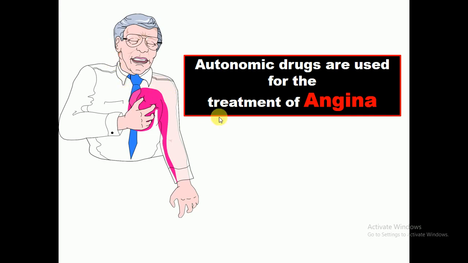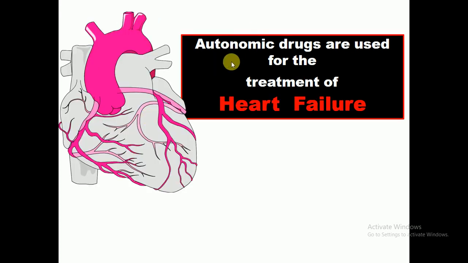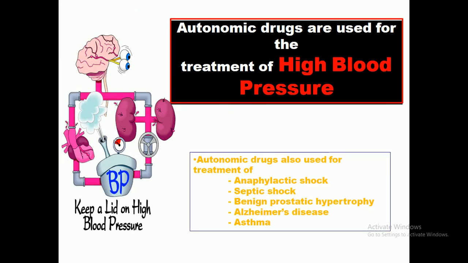Look at here. The autonomic drugs, as we know, the clinical indications of autonomic drugs are that they are used in the treatment of angina. Look at this patient, he is suffering from angina. Autonomic drugs are used for the treatment of heart failure, congestive heart failure, and for the treatment of high blood pressure.